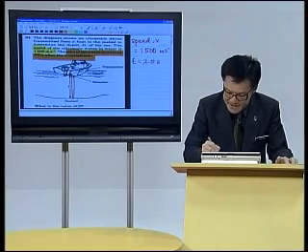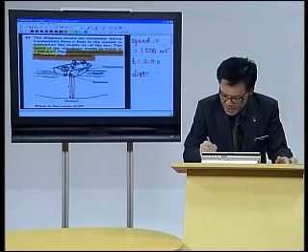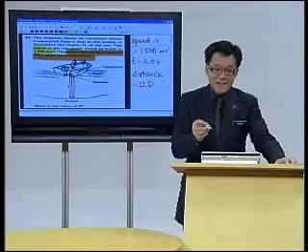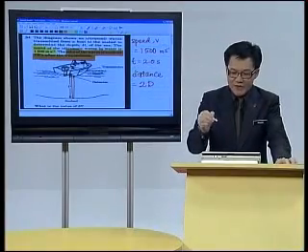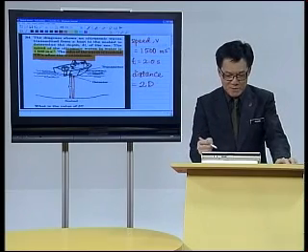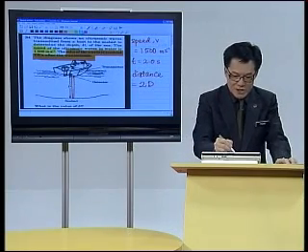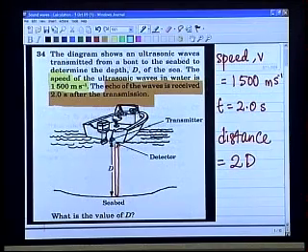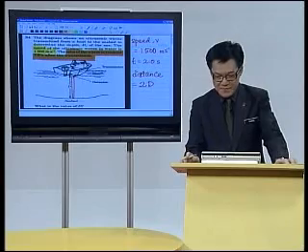So the distance that we have is actually 2d, because it says the echo of the waves is received 2 seconds after transmission. The point of transmission is here. After transmission, it receives the signal. It is here. So it is 2d.